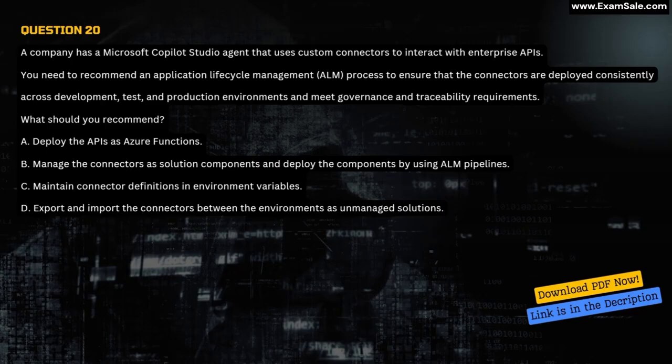What should you recommend? A. Deploy the APIs as Azure functions. B. Manage the connectors as solution components and deploy the components by using ALM pipelines. C. Maintain connector definitions and environment variables. D. Export and import the connectors between the environments as unmanaged solutions.